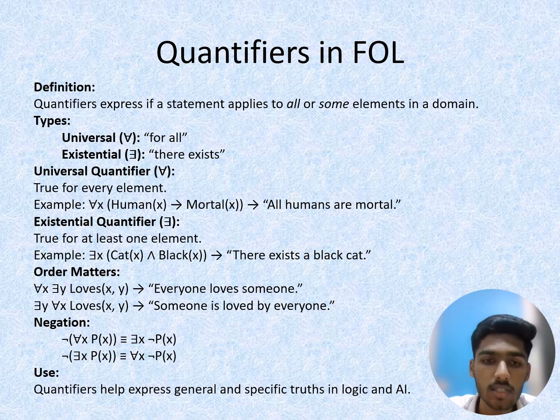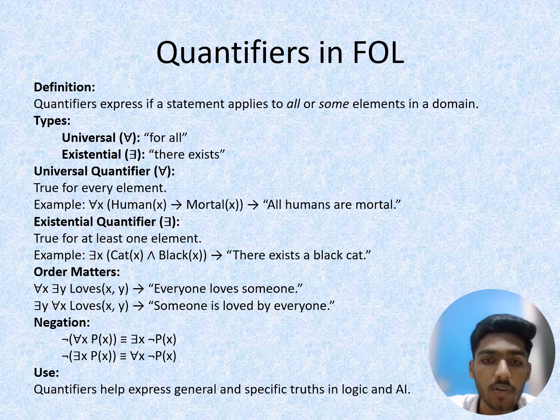at least one x that is both a cat and is black. One fascinating thing about FOL is that the order of quantifiers matters. For all x, there exists y, loves(x, y) means everyone loves someone.